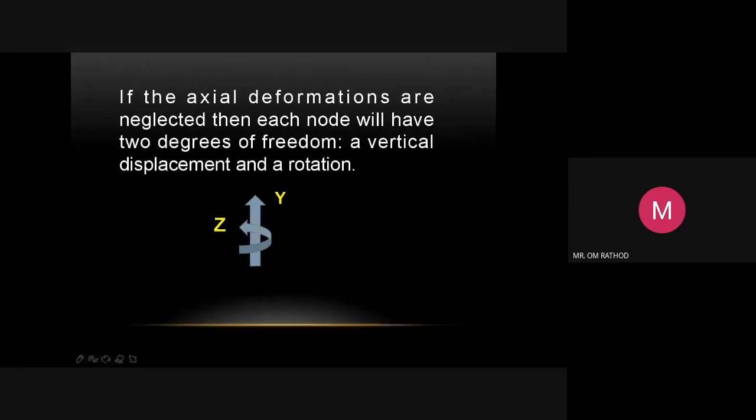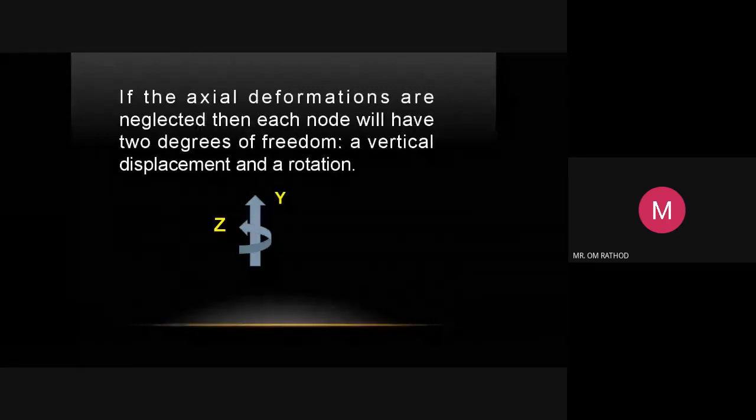Whatever the picture I have shown here gives you the displacement at a free node, where there will be no supports. So at a free node, in case of beam, there will be only 2 possible displacements, delta y and theta z. When will it be there?